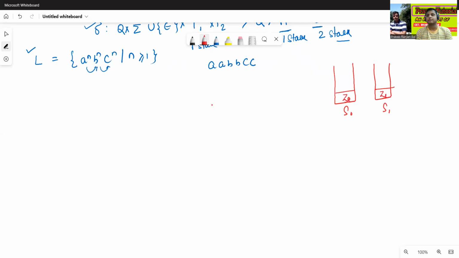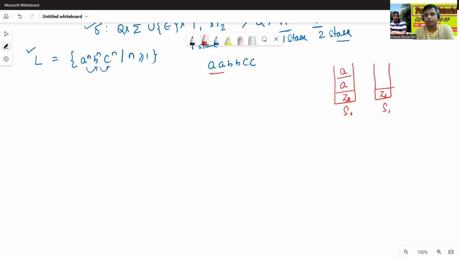So here, what is the mechanism to accept the given language? First we'll push double A in stack 0. Means I'll push A here, then I'll push a second A here, in the first stack.